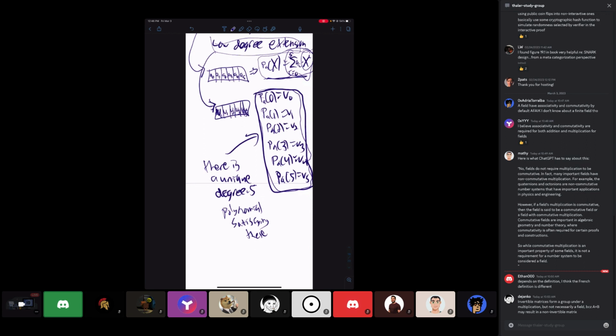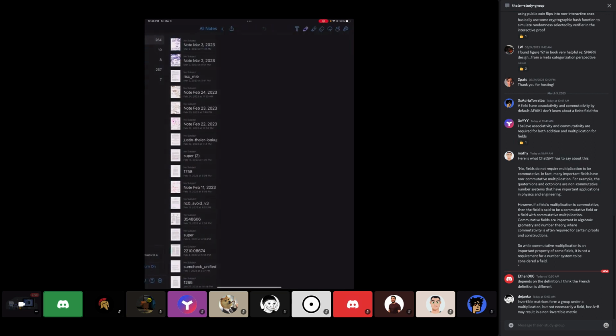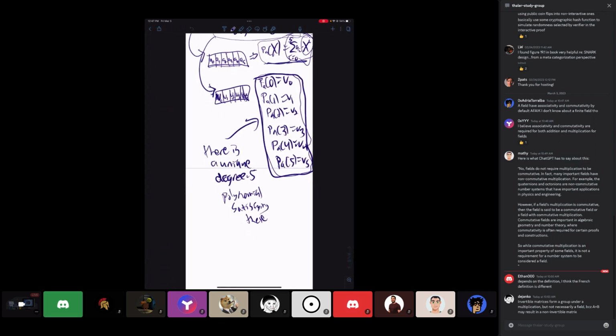Okay. And so these two ways of interpreting a vector as a polynomial, the mapping from vectors to associated polynomials is different, right?